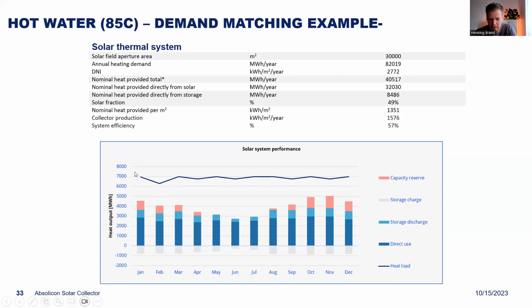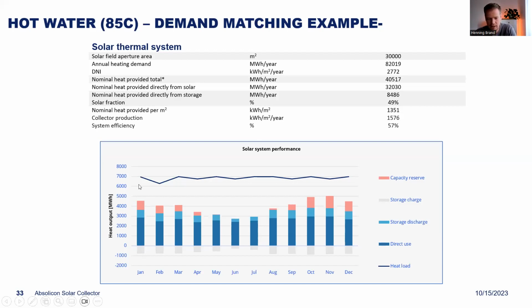But here you can see a typical industrial client, where the dark blue line represents their heating demand, and the dark blue bars are how much heat energy we deliver to the client. Here is where we're charging the storage tank, the gray, and then we're discharging it in the light blue, and then we have some overproduction.